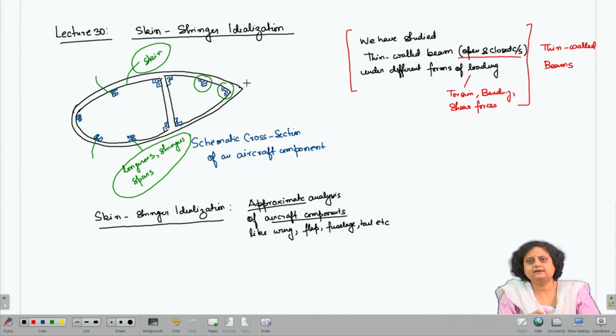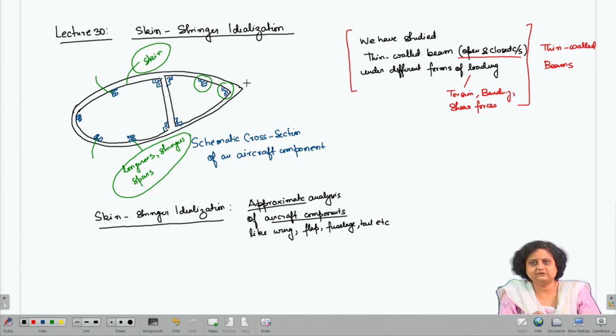The second thing is that however easily available and however accurate it might be, there is still a sufficient amount of computational cost and time involved in doing this full scale numerical analysis, particularly at the design stage.